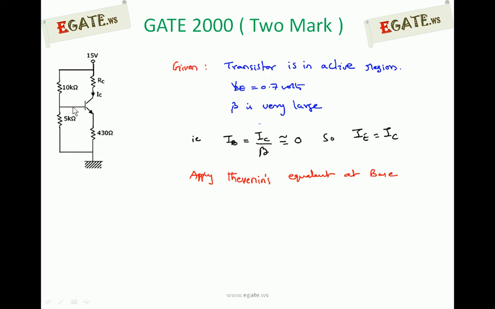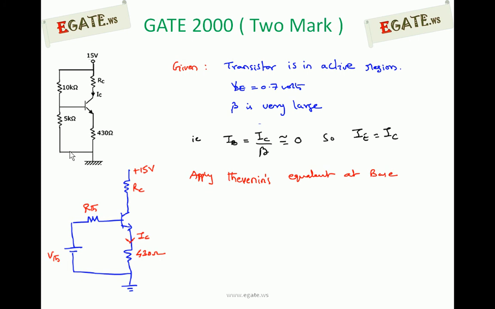The entire circuit at the base will be replaced with a single voltage source along with a series resistance, that is VTH and RTH. It is going to look like this. The entire circuit consisting of 15 volts, 10 volts, 10 kilo ohms, 5 kilo ohms, everything will be replaced with an RTH in series with VTH. So next, calculate the values of RTH and VTH.